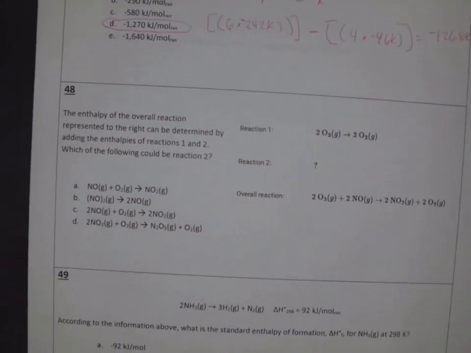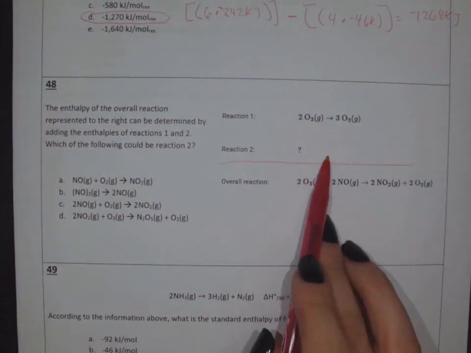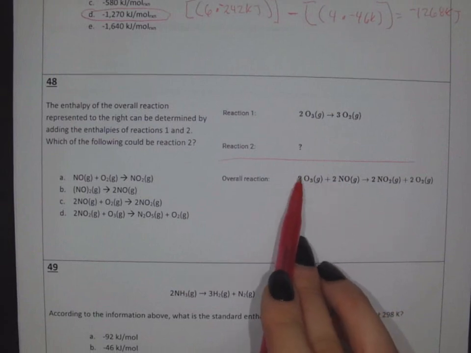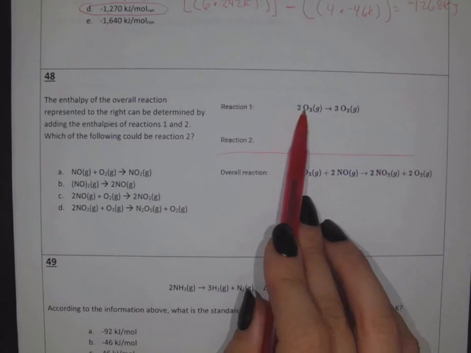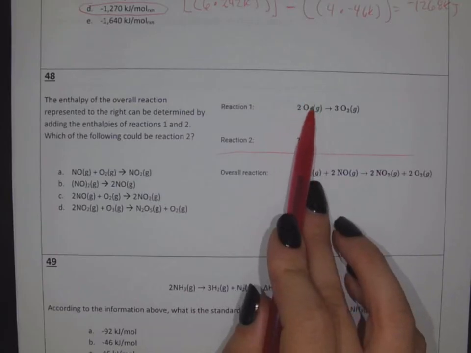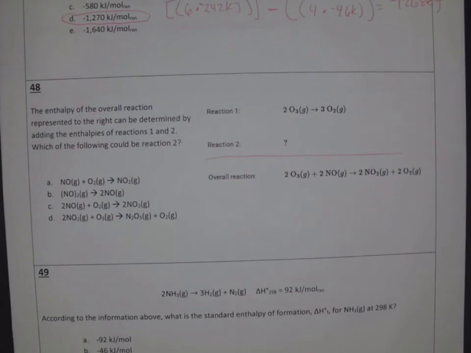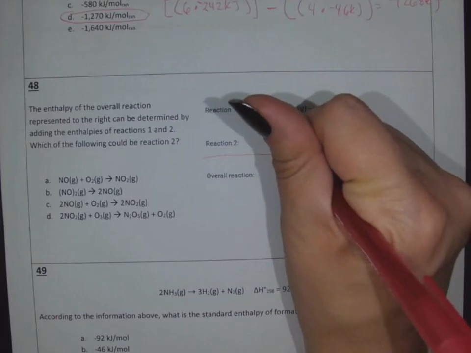Okay, 48. Here are my steps. This is my overall. In my overall, there were 2 O3s on the reactant side, and there are 2 O3s on the reactant side in step 1, so that doesn't need to be present in step 2. But what is in the overall that is not in step 1 is 2 nitrogen monoxides on the reactant side, so they have to be present in step 2.